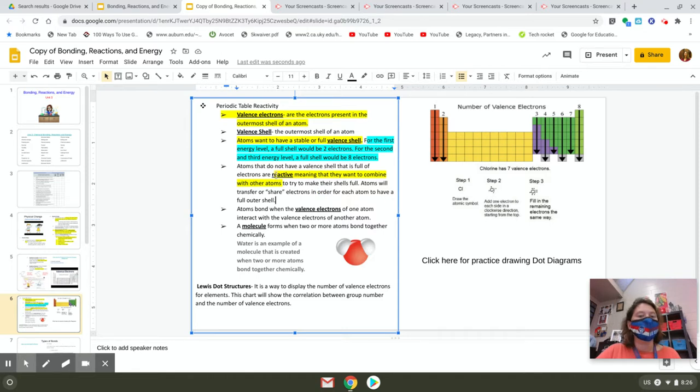So they can either give away electrons, steal electrons from another atom, or work out an agreement and share electrons with another atom. Depending on what they do to balance that outer shell will determine what type of chemical bond it is.